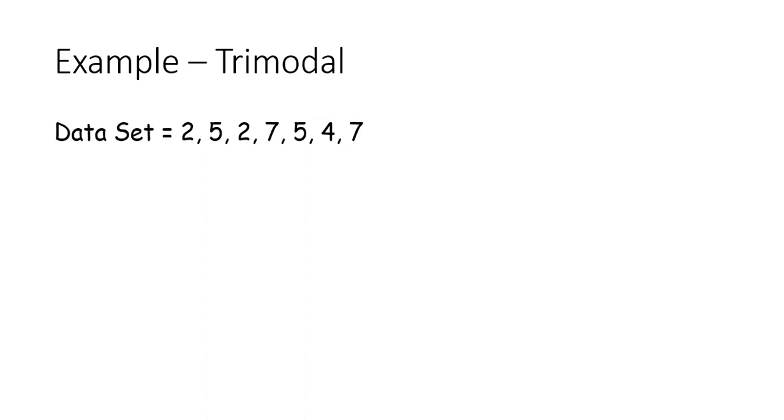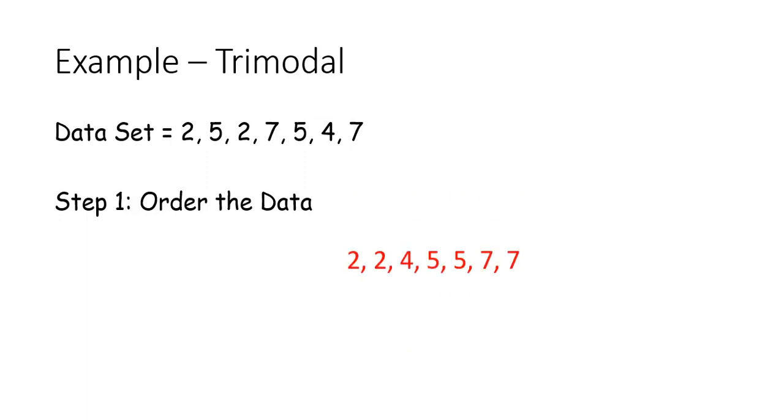Here's our data set. 2, 5, 2, 7, 5, 4, 7. All right? Step 1, order the data. So you do it. All right, so you should have your data that looks like this. 2, 2, 4, 5, 5, 7, 7, right?